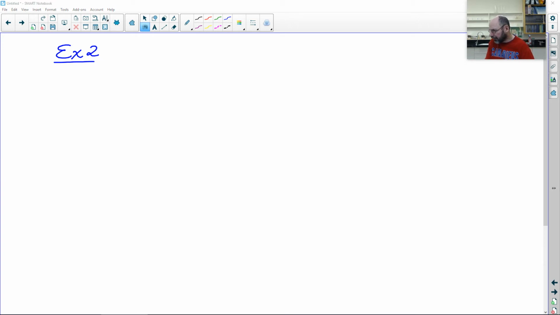Yeah, this one looks good. Let's do a fifth power one. That'll be fun. Okay, so let's say I had y equals 3x to the fifth minus 10x cubed.